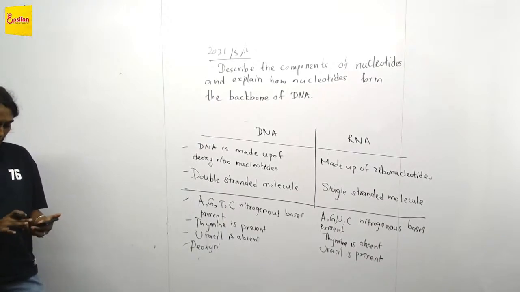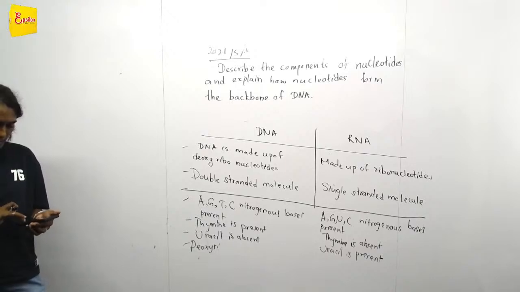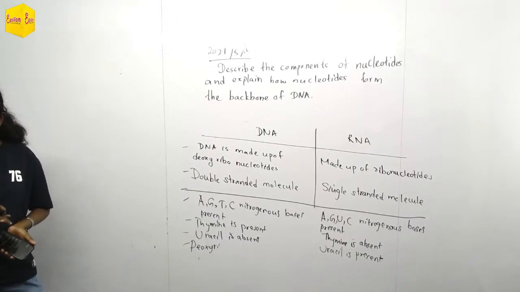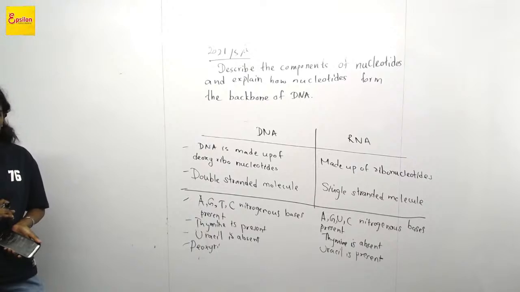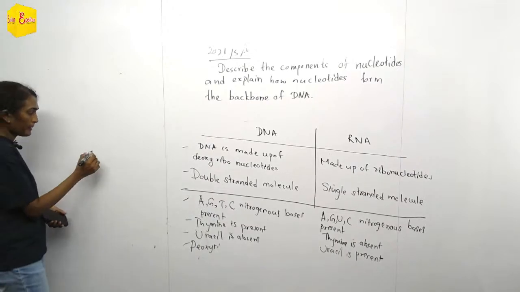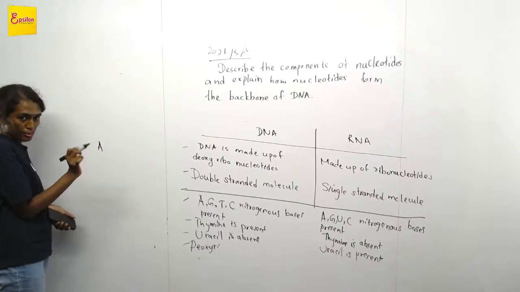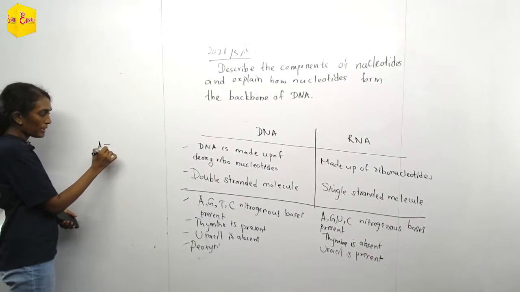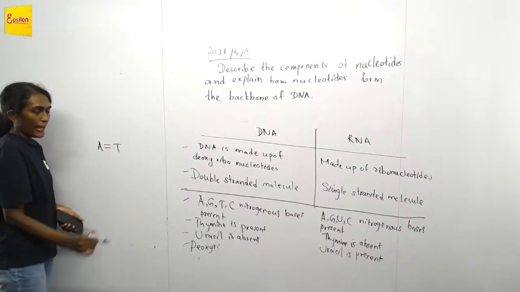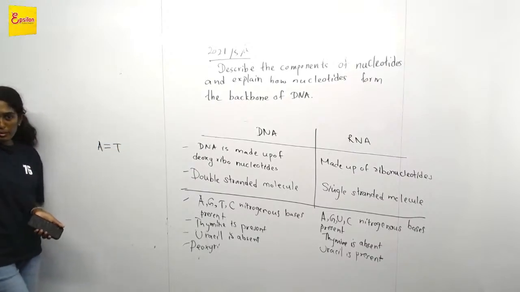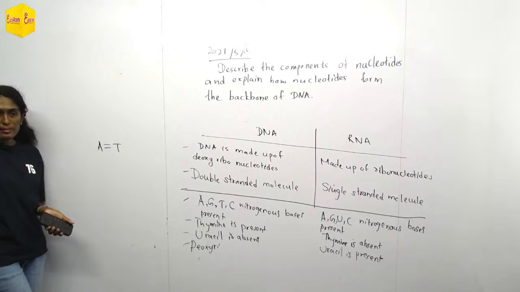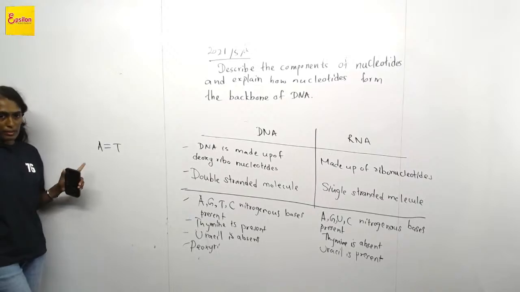Yeah, good question. I guess in this 2021 A-level paper, they took signs and symbols, but if you have mentioned it without telling that adenine and thymine have two hydrogen bonds in between, they have not given marks for this.